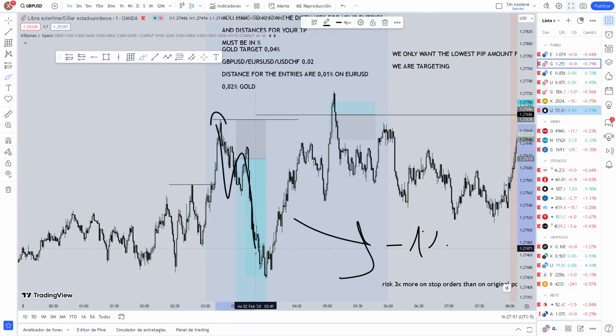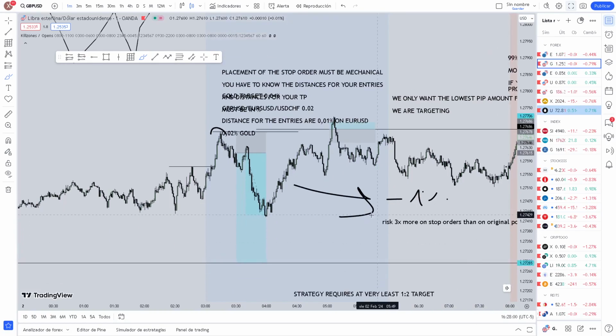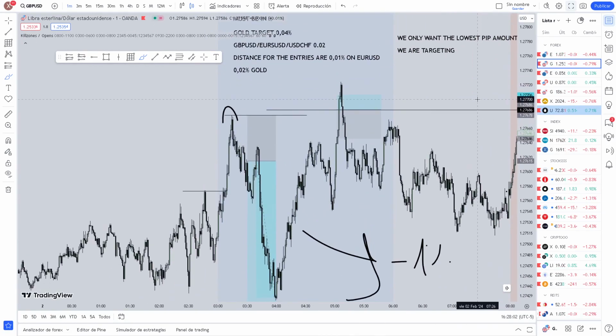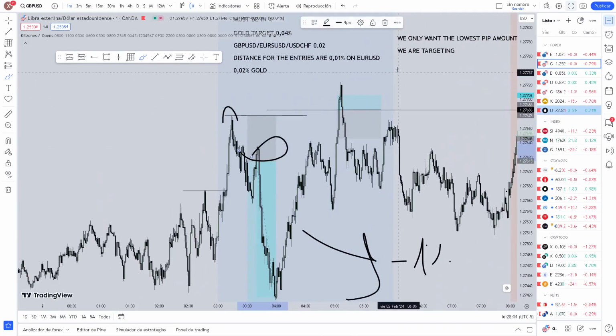But you will never get the case, or almost never, where you get just slightly swept again and then rally down. So that would not be possible.